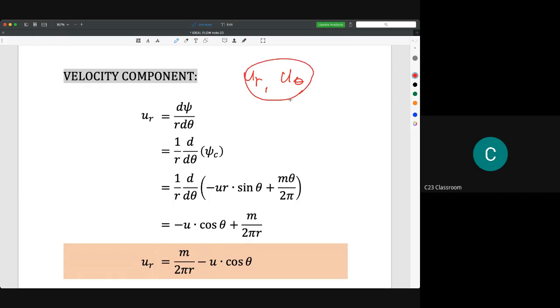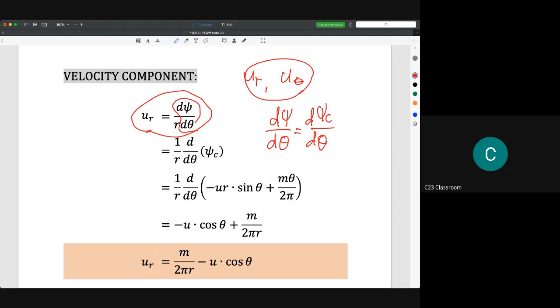So we refer to the Cauchy-Riemann equation for the polar coordinate. We have UR equal to 1 over r d psi d theta, and then we differentiate the psi combination here. Please bear in mind, you could write a d psi over d theta, and the psi here is actually the psi combination, because we are focusing on the psi combination line.